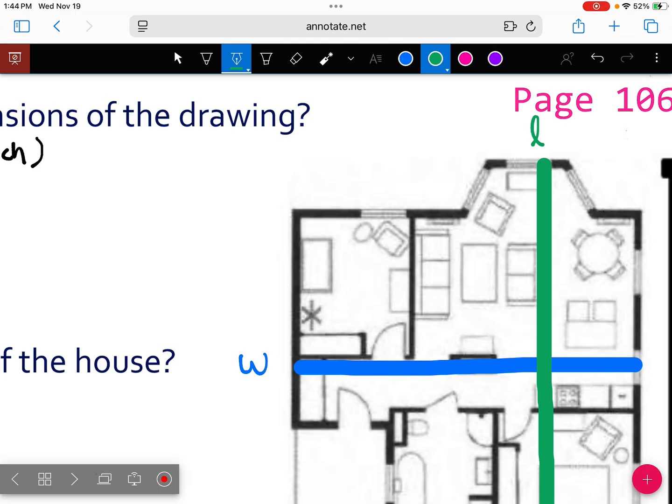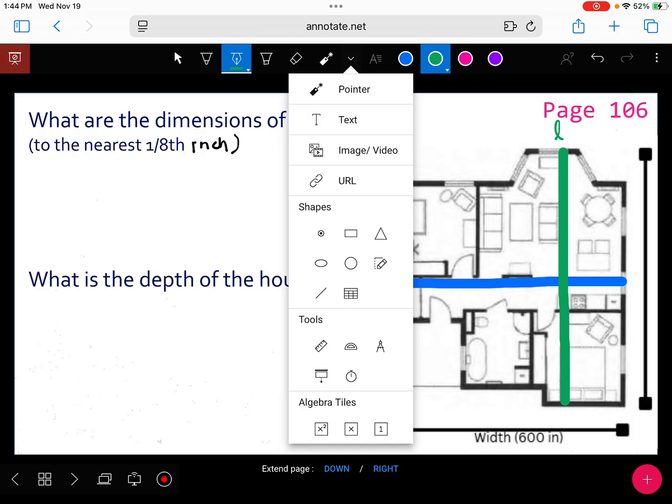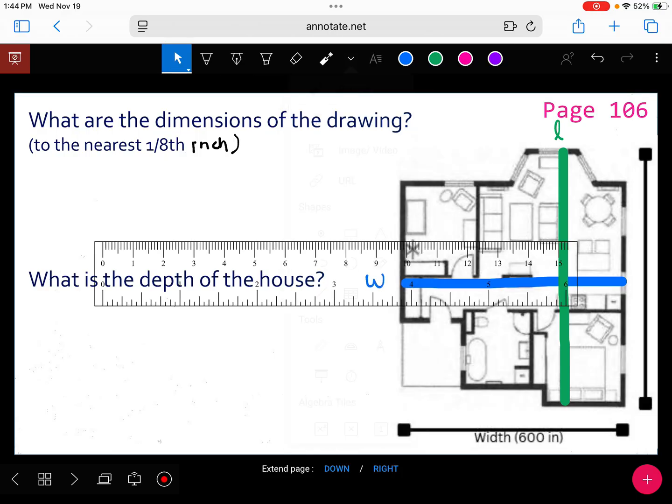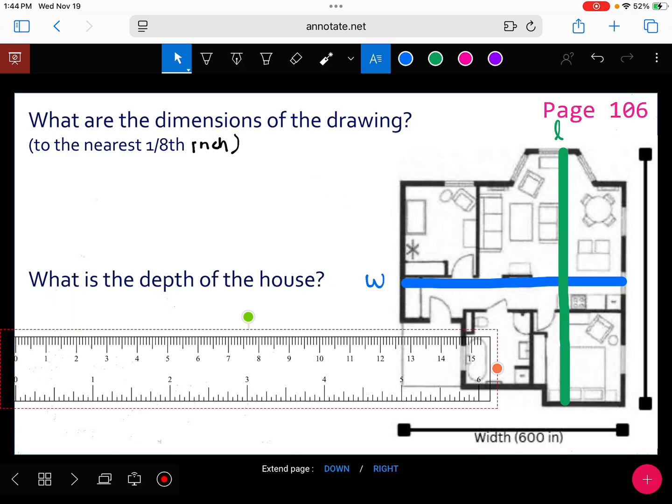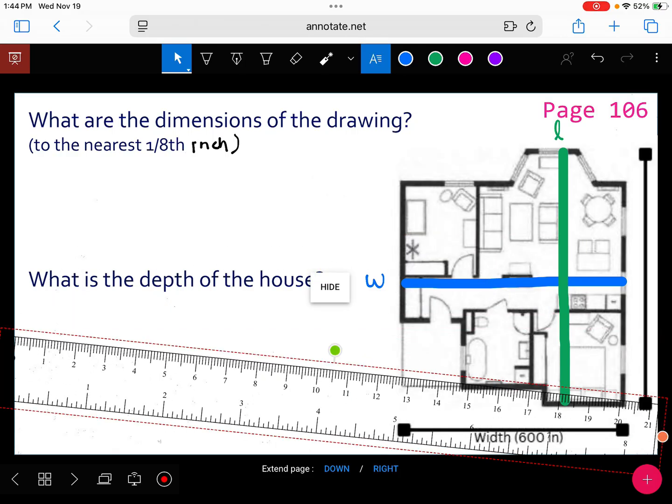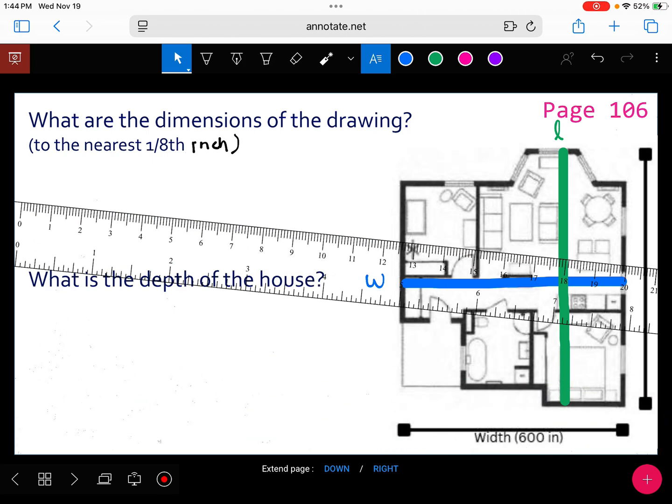I don't have a giant ruler I can put up on the screen that would be the same scale. I wish it did. Not quite. Let me see if I can make the ruler be the same scale, but I don't know if I can. Nope, it will not.